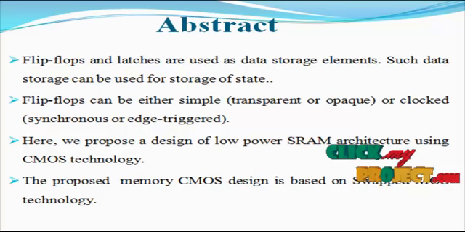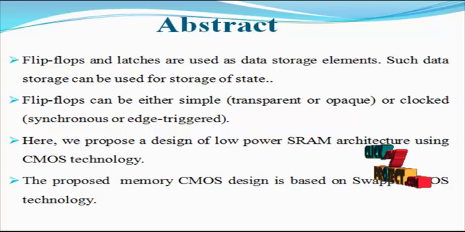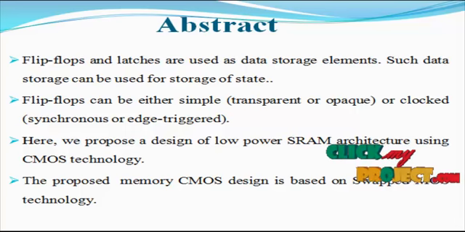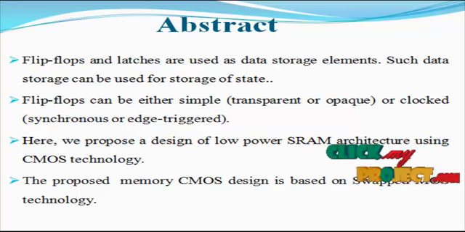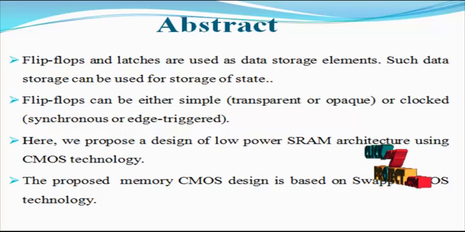Access to the SRAM memory cell is enabled by the word line. This controls the access transistors, which control whether the cell should be connected to the bit lines. These two lines are used to transfer the data for both read and write operations.